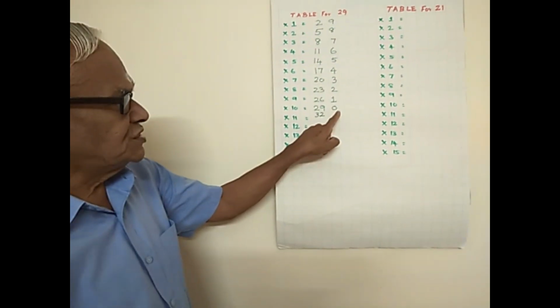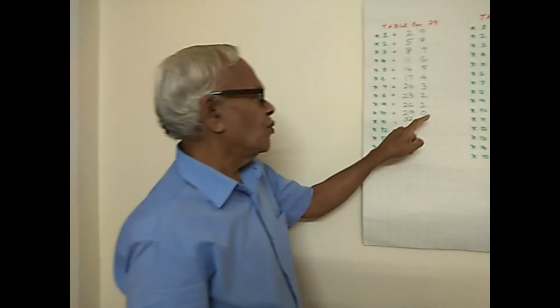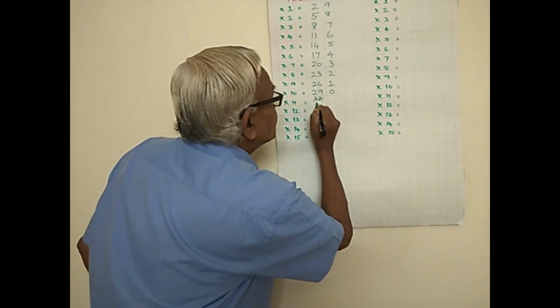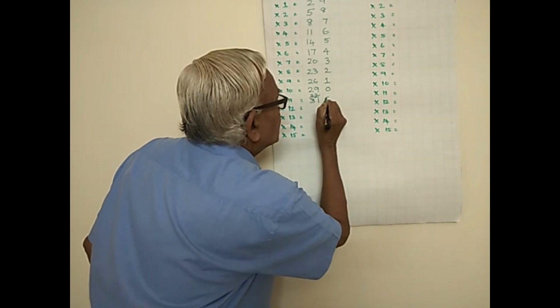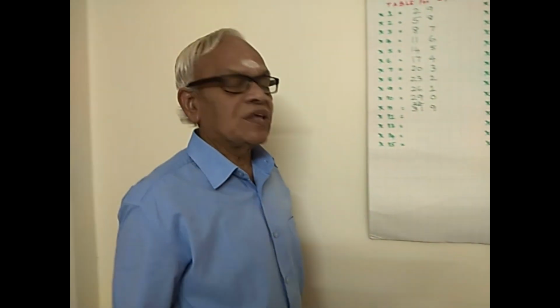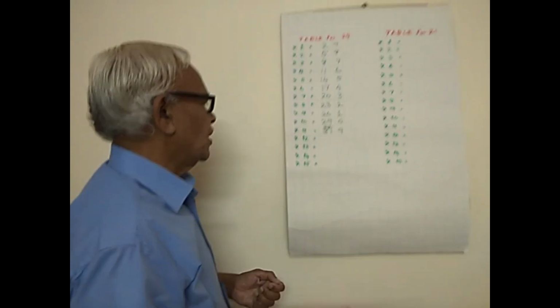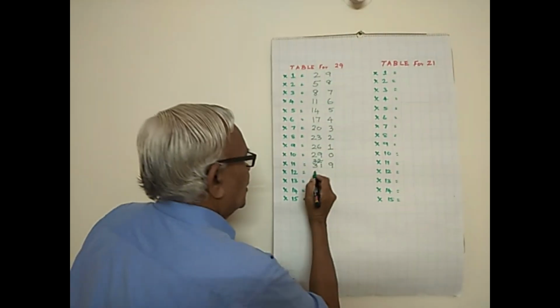But since it is 0, I need to borrow 1 from the previous digit. So this 32 becomes 31 and this becomes 9. 319. Now for 12, again start adding 3.